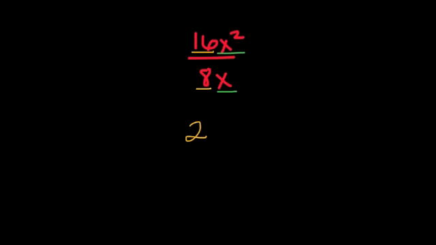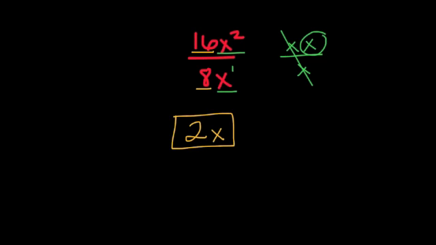Now remember, when it doesn't have an exponent, it's understood that it's to the first power. So x squared means x times x over x to the first. That cancels out, and I'm left with just 1x. So this becomes 2x as a final answer here. And again, I got that by dividing my numbers, and I could subtract my exponents. 2 minus 1 would give me a power of 1 here.